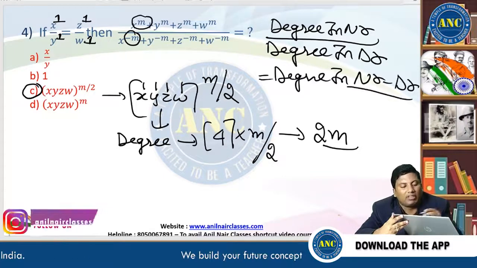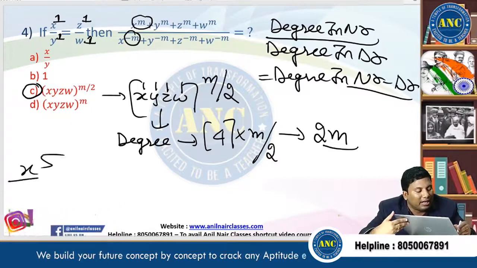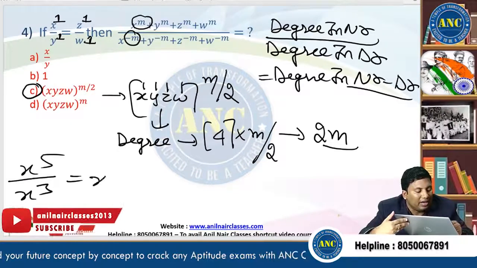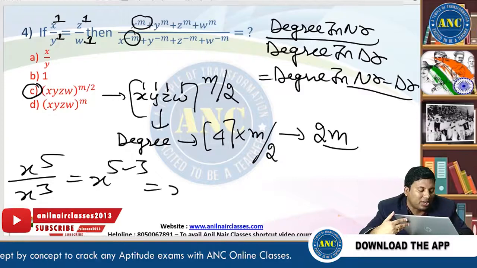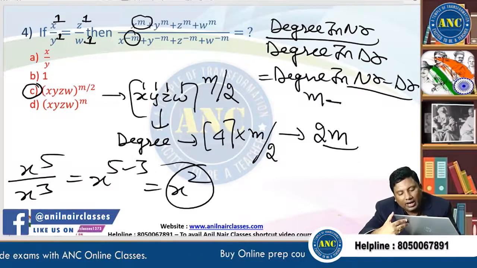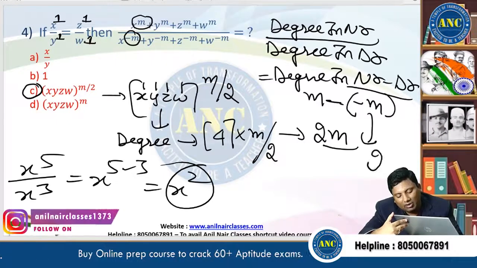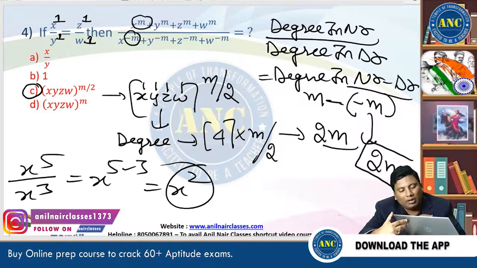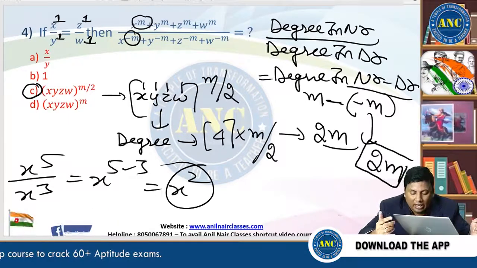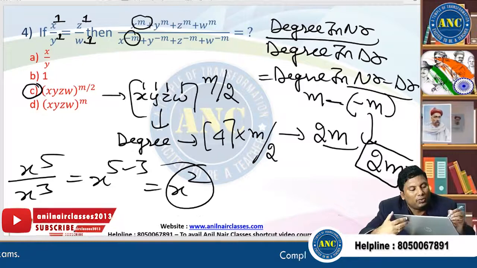Am I right? If the degree in the numerator is 5 and if the degree in the denominator is 3, eventually it is becoming subtraction. 5 minus 3 is 2. So here it is m minus denominator, it is minus m. m minus of minus m is 2m. Quotient degree it should be 2m.